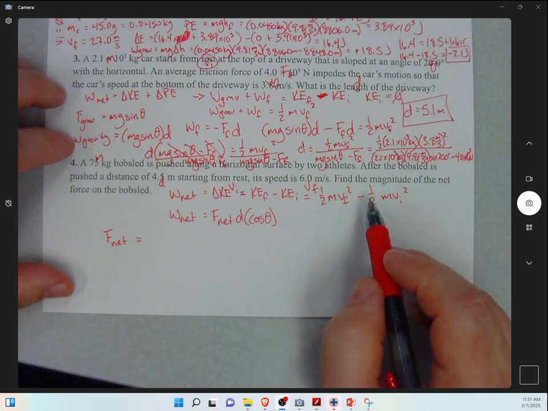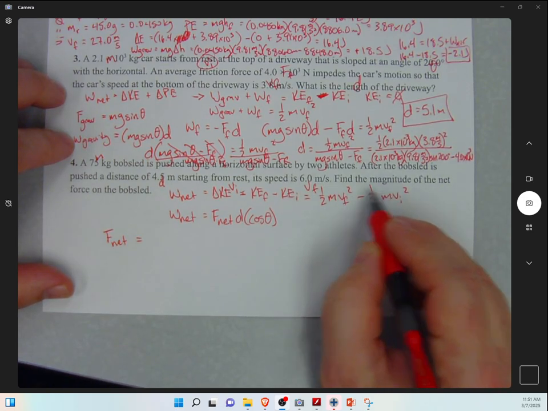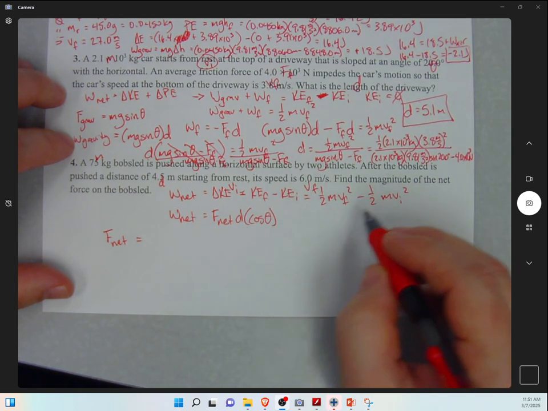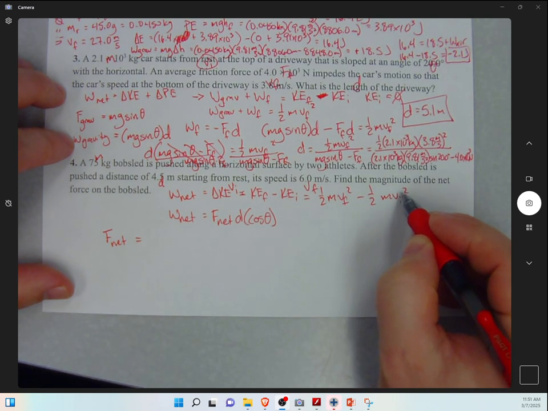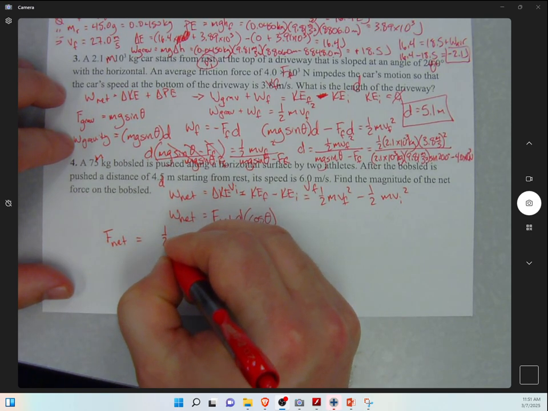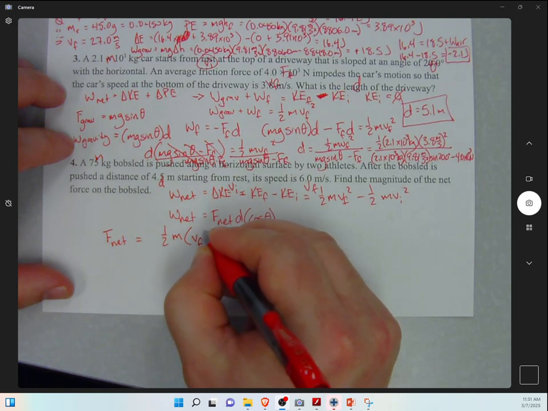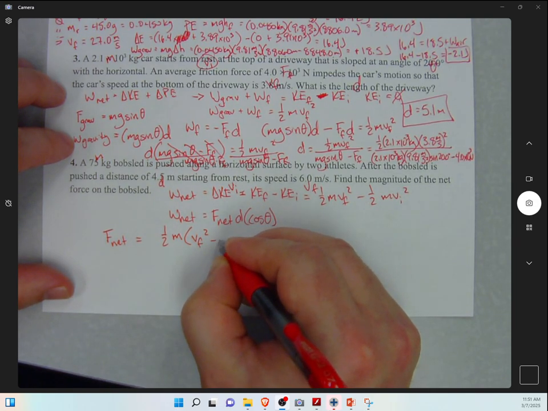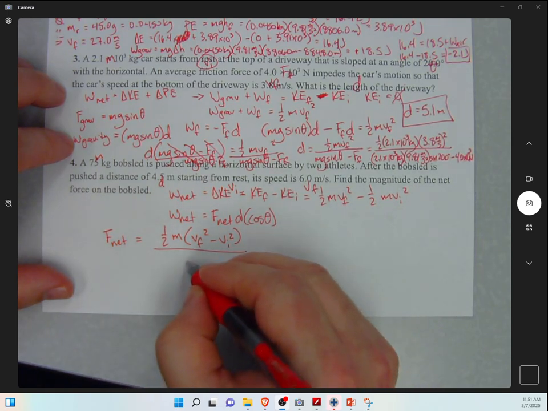Makes things a little bit simpler in terms of plugging into your calculator, right? See how the 1/2 m is the same on both of these? So I can factor 1/2 m out of that. So in parentheses, it'd be final velocity squared minus initial velocity squared. Makes things just a little bit easier. But as long as you do your calculator work correctly, it won't change your final value. If you want to keep it in the extended version, that's also a-okay.